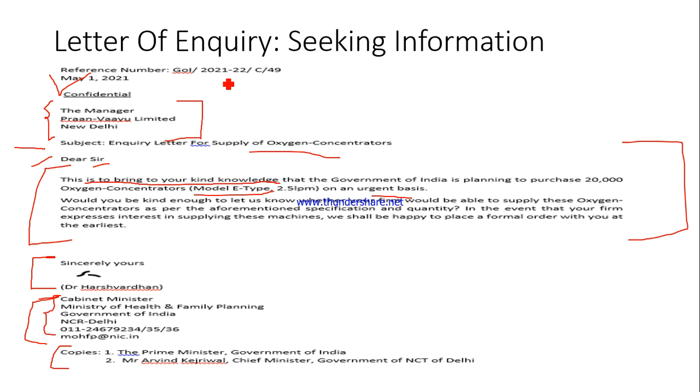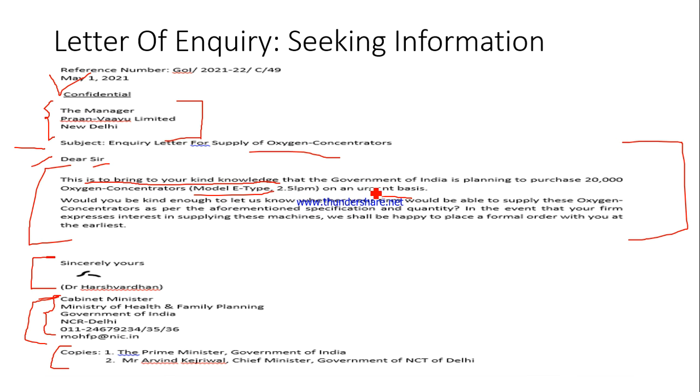Now please understand, which C is this when I am specifying the type of model that I need? I hope you remember the 4 C's. Is it correctness? Is it clarity? Is it being concise, or is it the 4th C, courtesy? I hope you understand that this is clarity. I am making it very clear to him as to which kind of oxygen concentrators do I need.